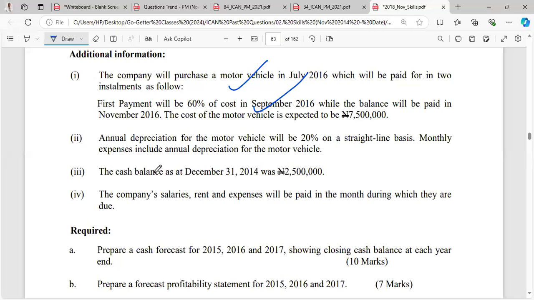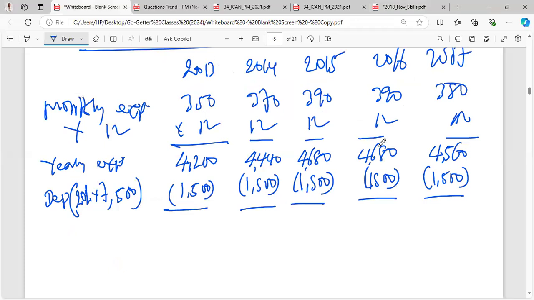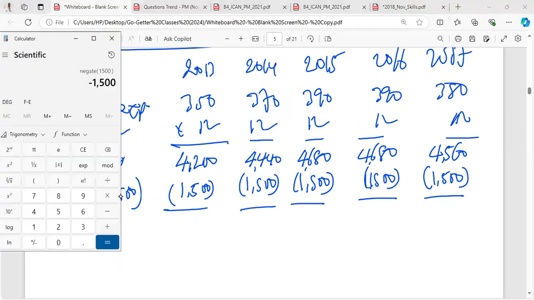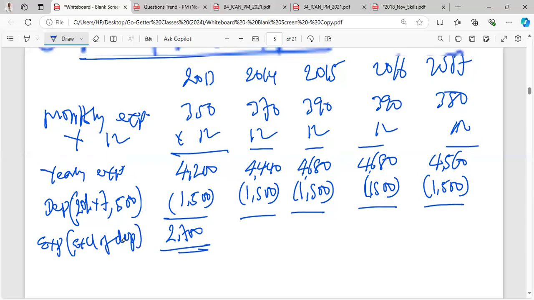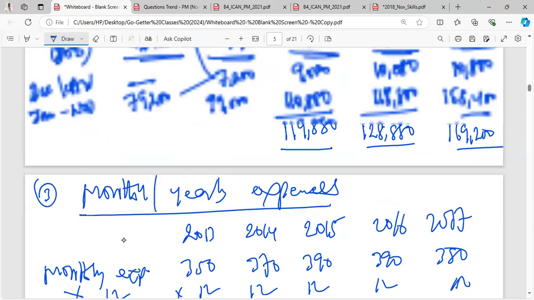So we are going to remove this depreciation because it has been loaded in it. So let's remove it. This is going to be 4,200 minus 1,500, which gives me 2,700. This is expenses exclusive of depreciation.